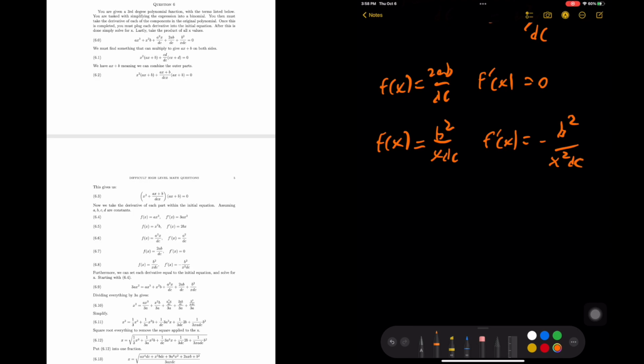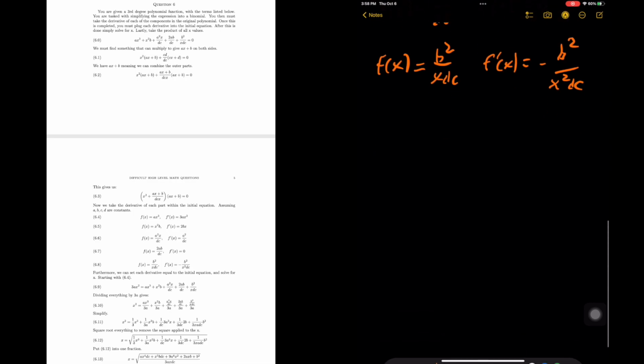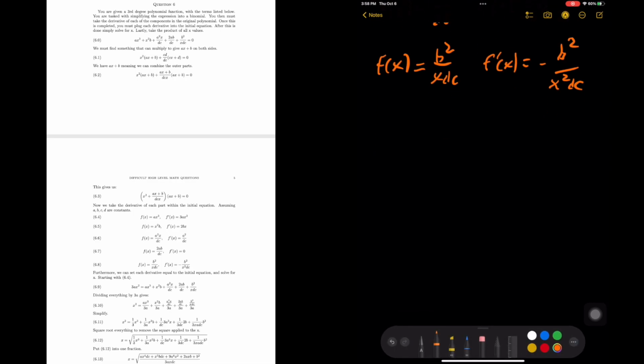Okay, so we can now move on to the second portion of the question itself, which states that we have to set each derivative equal to the initial equation and solve for x. So we'll start with our first expression, which we defined up there as f of x equals ax cubed.